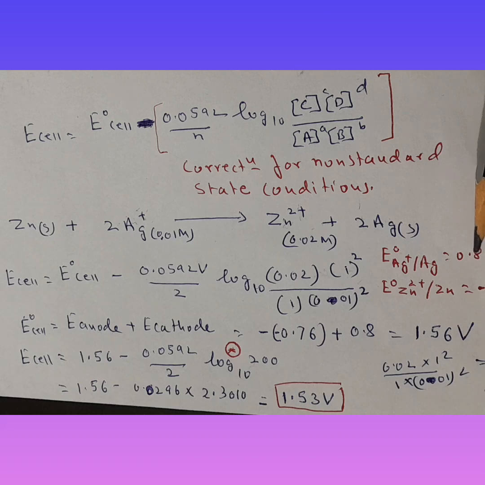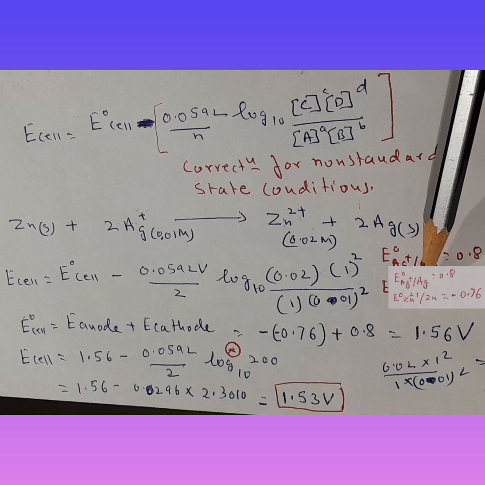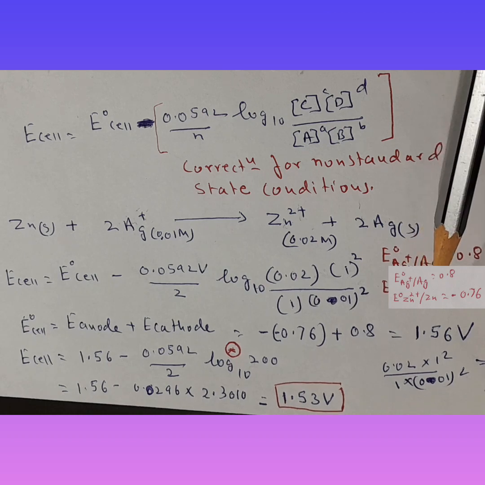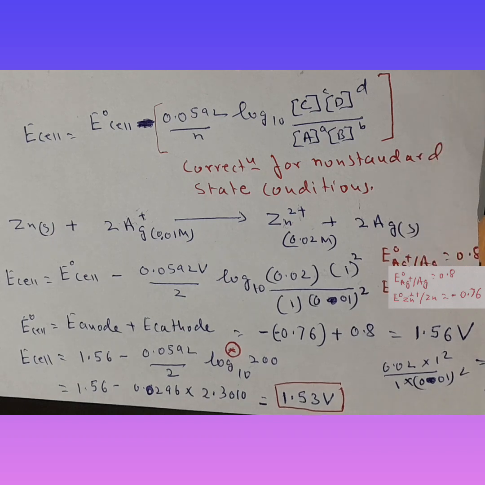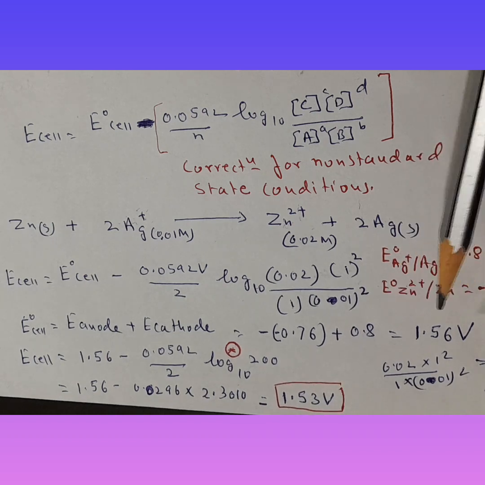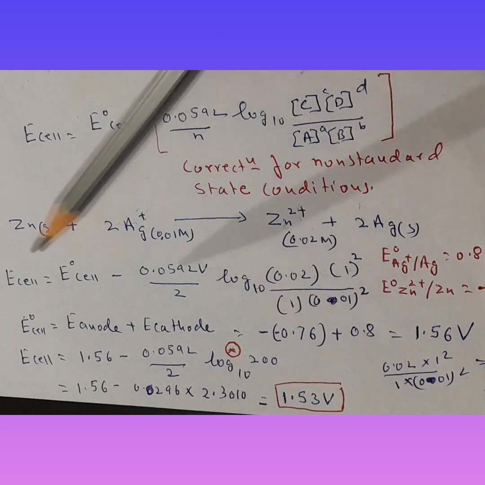So whatever the value in the ECS table is, 0.8, we can take it with positive sign as it is. In the case of zinc, again what is given is the reduction potential, Zn2+ giving you zinc, but what we need is the reverse. So we have got to multiply with a negative to get the oxidation potential, because in the ECS we have the reduction potential.